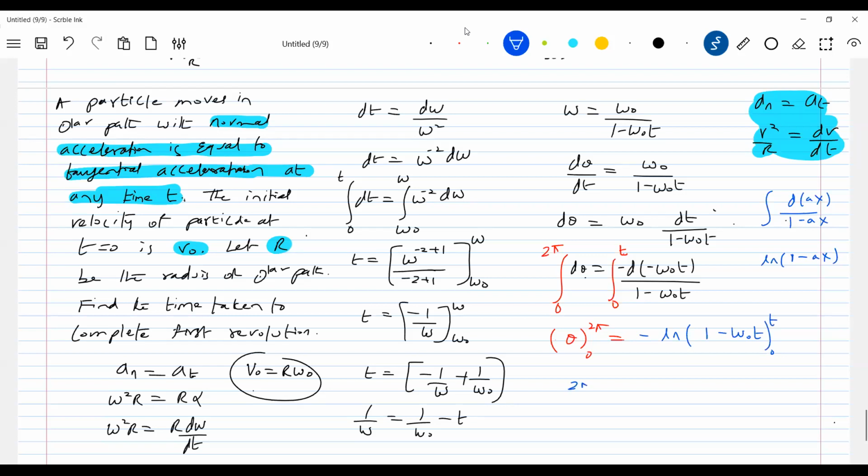This will be 2 pi equal to, let me substitute upper limit, minus log of 1 minus omega naught t minus log of 1 minus 0.